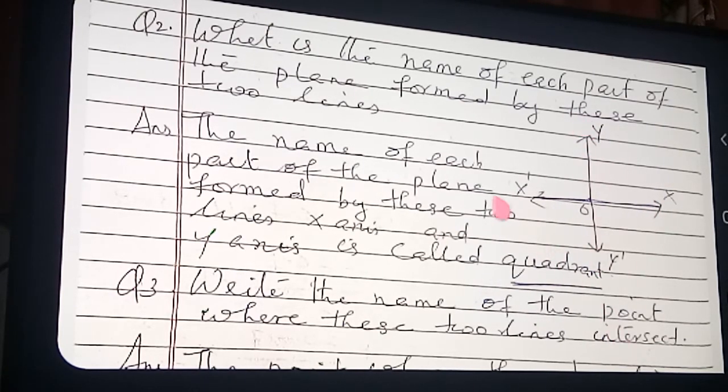These two lines are intersecting at the origin 0. Therefore, how many parts are formed? Here one part, here second part, third and fourth part. What is the name of each part, which we studied in the previous class? Quadrant.